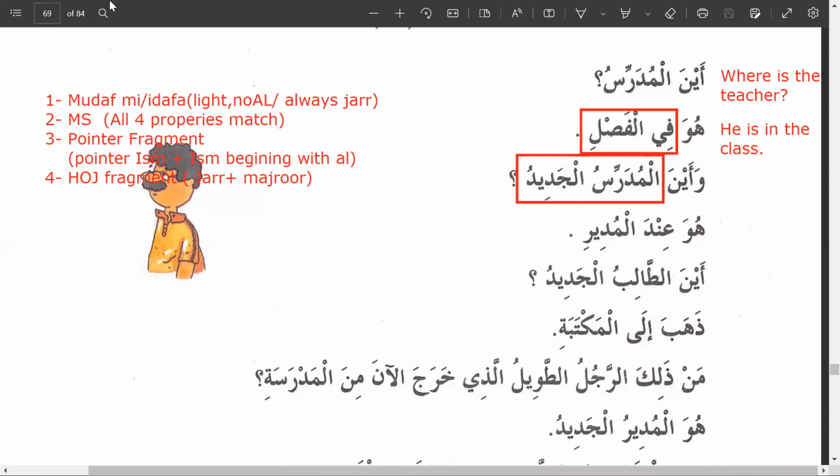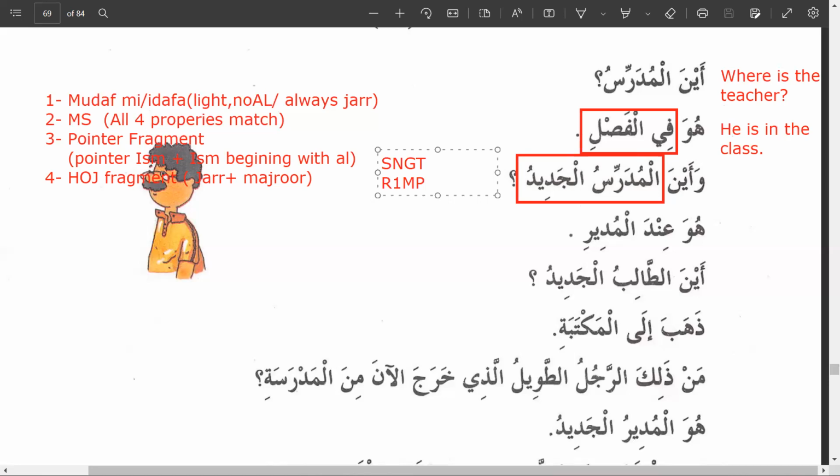Rafa, singular, masculine. What about type, common or proper? Common? Are you sure? Both start with al. Oh no, proper.